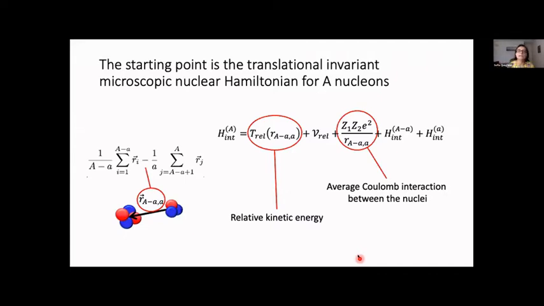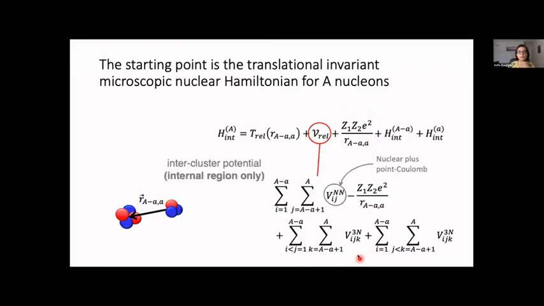and then we have, of course, the relative motion Hamiltonian, so the relative kinetic energy, the average Coulomb interaction between the nuclei, and in addition to it, in the internal region we also have the intercluster interaction between the projectile and the target. And I am underlining here that this intercluster potential only exists in the internal region, if the channel radius is chosen large enough.